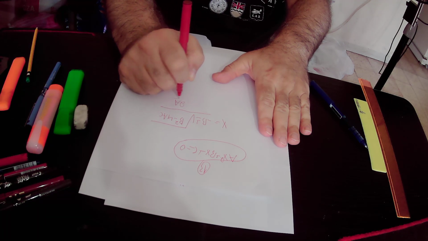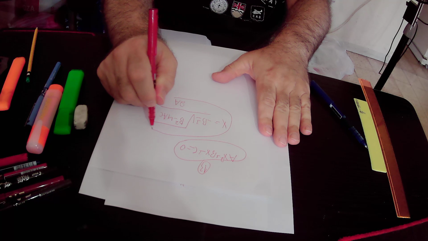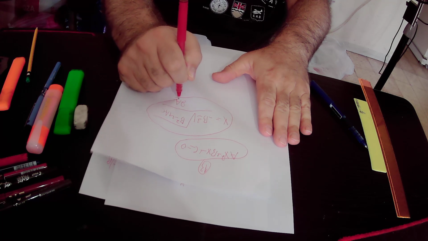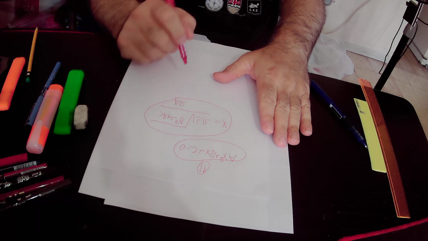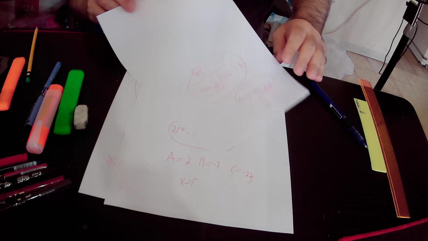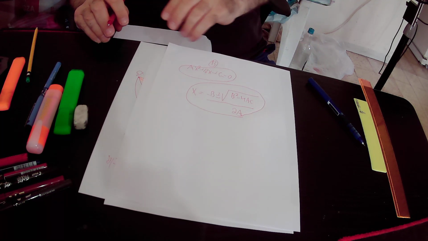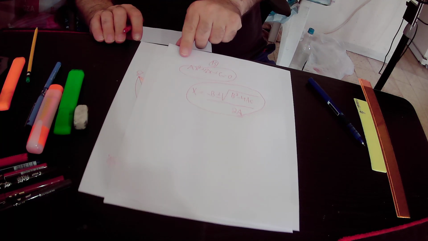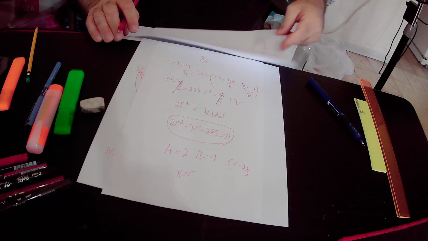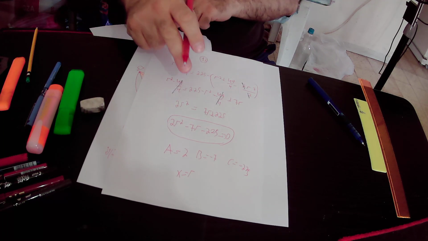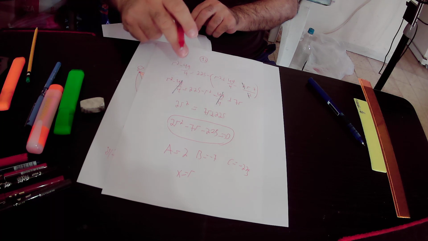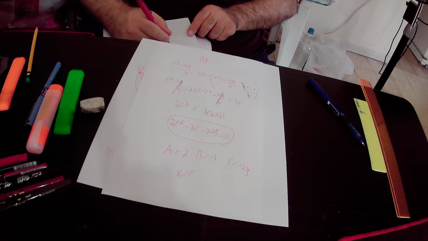Okay, we will find out the value of x according to this special formula. But we have already found out that x is the variable of this quadratic equation. X equals R.